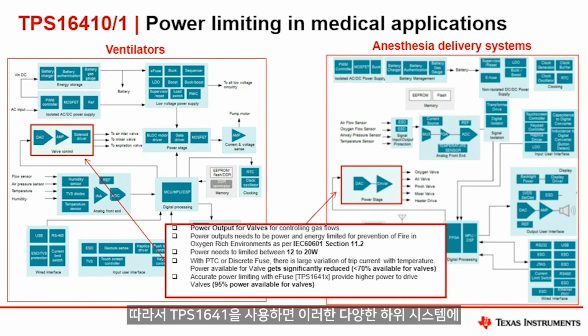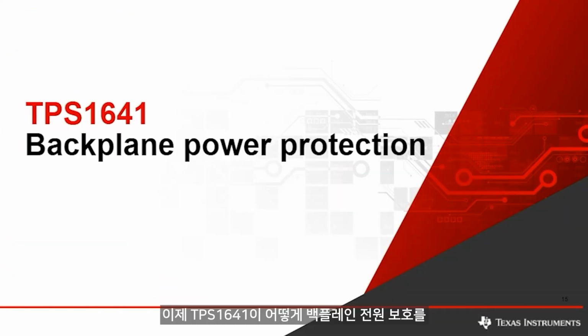So with the TPS1641, this can help to optimize and make sure that you provide maximum power for these different subsystems. Cool. And then now to go over to the TPS1641 and how it can provide backplane power protection.